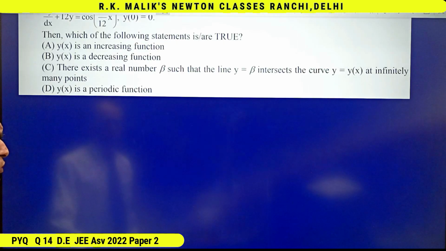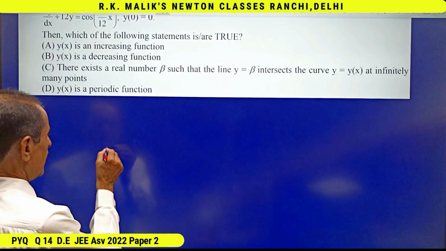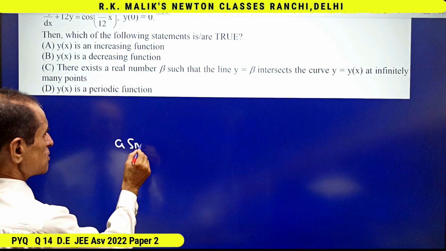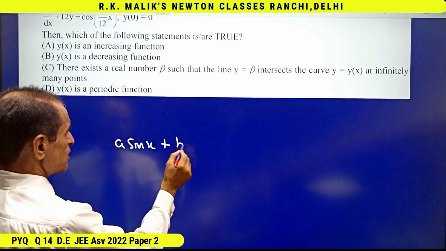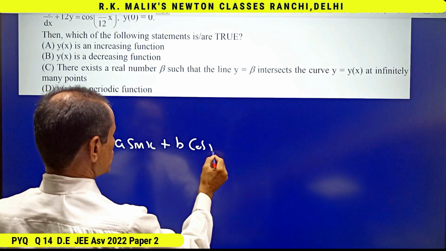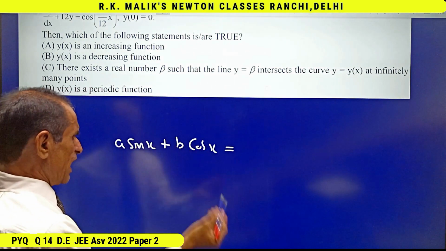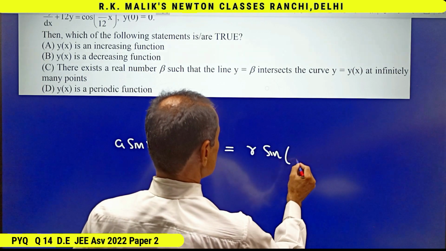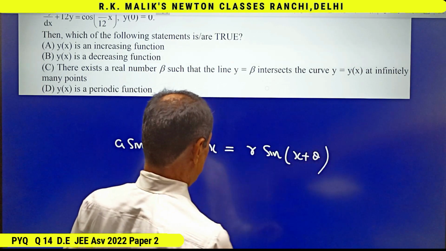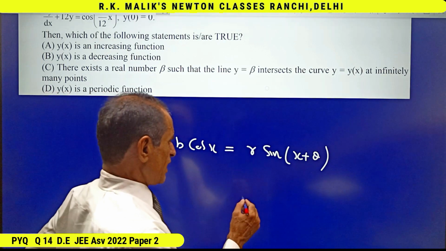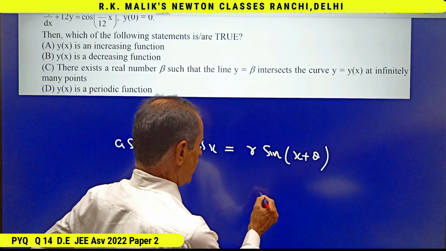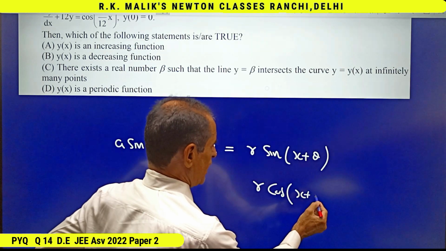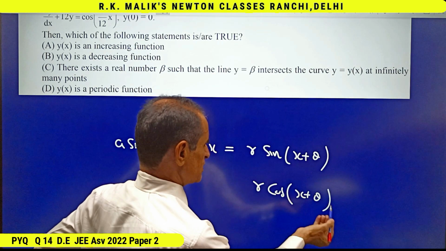And the next point which should be known to you is that any function of the type a sin x plus b cos x can always be written in the form of r sin(x plus theta), or can also be converted to the form of r cos(x plus theta or minus theta).